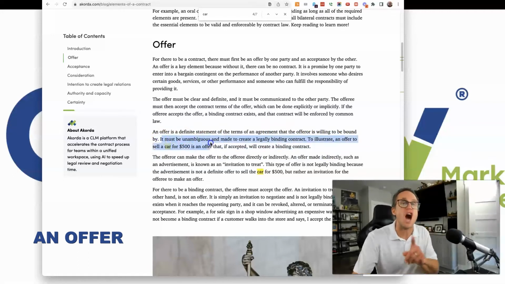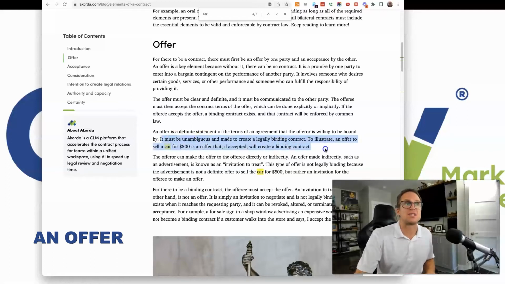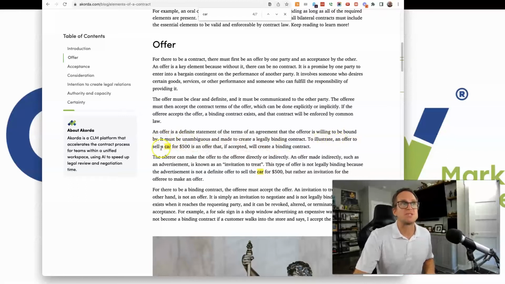It must be unambiguous. To illustrate, an offer to sell a car for $500 is an offer that, if accepted, will create a binding contract.